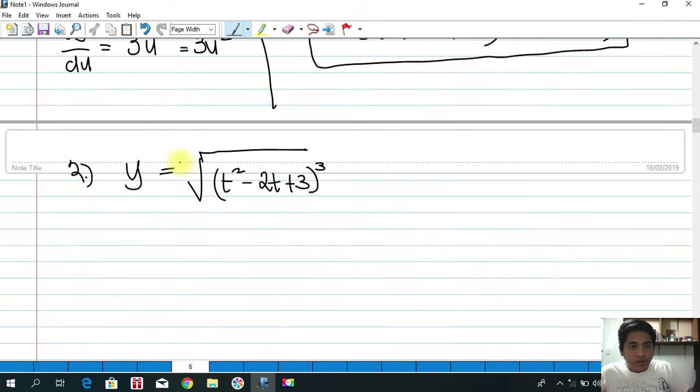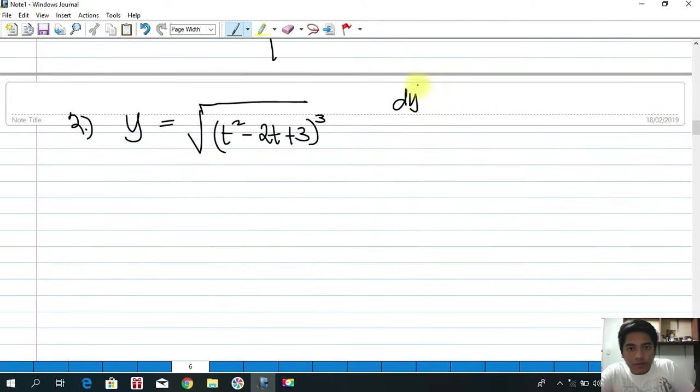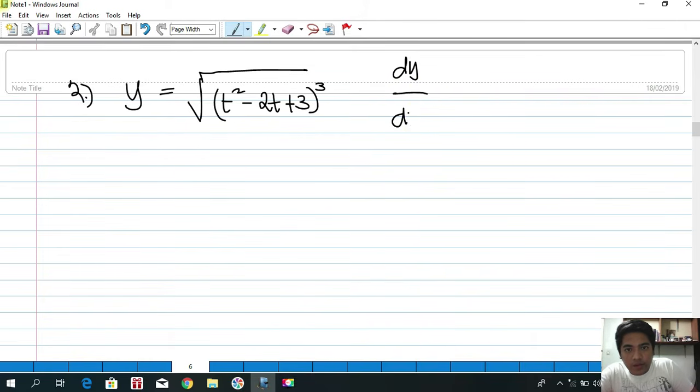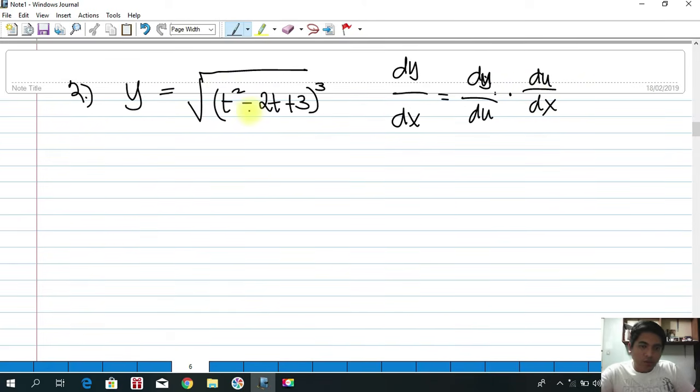Okay, so in order for us to apply the chain rule, again, our formula is dy over dx equals dy over du times du over dx. So what we are going to do here is, again, set the inner part of the function as u, not including the cube.